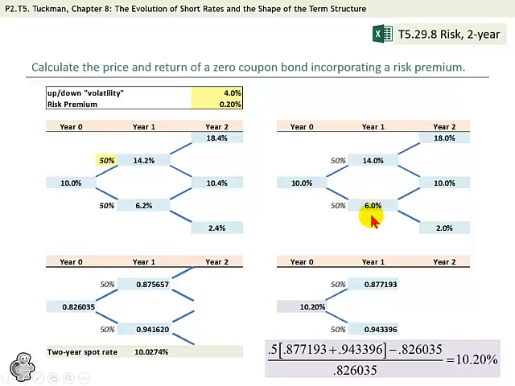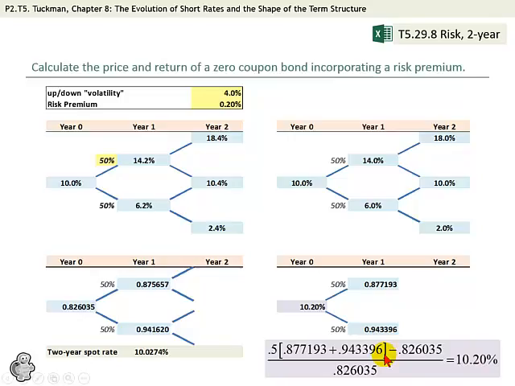So the idea is just that the risk premium, by virtue of slightly higher discount rates, has informed a slightly lower price that you will pay, but against that same future expected nodes, you're going to end up with a 10.20% return. So you get your risk premium back in a slightly higher expectation.